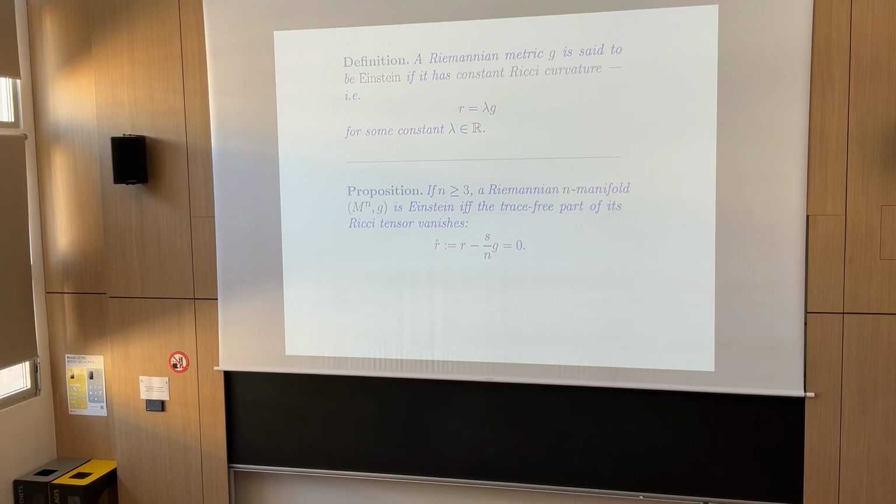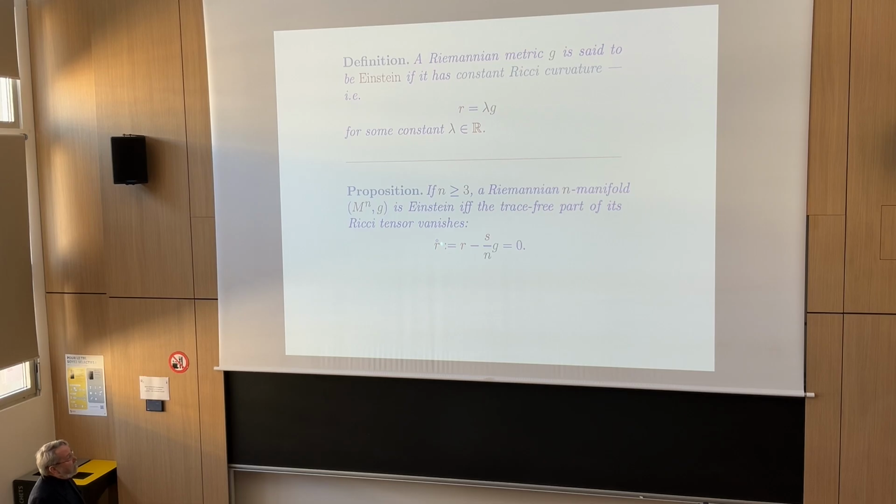All right, one little algebraic fact which I will use later on. You might notice that this condition on the Ricci tensor says that it is a multiple of the metric, and in particular that means the trace-free piece of the Ricci tensor vanishes.